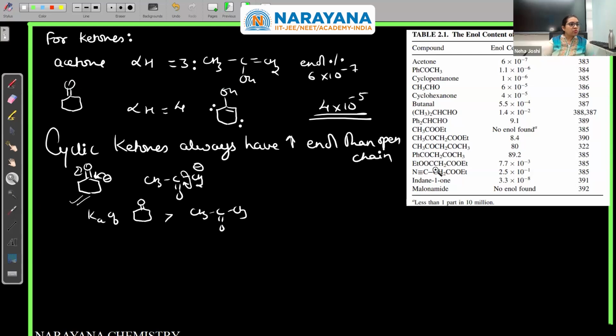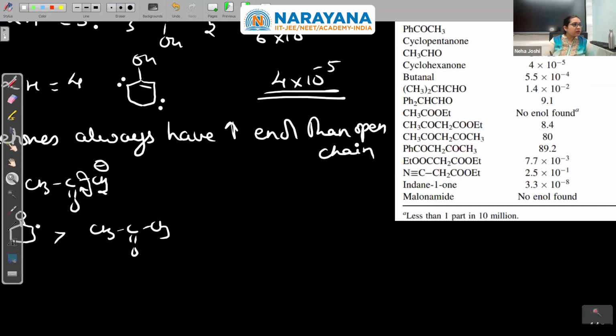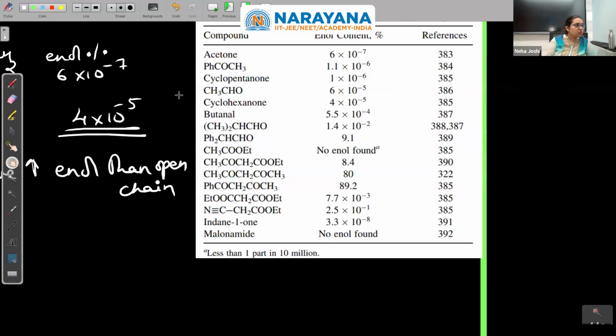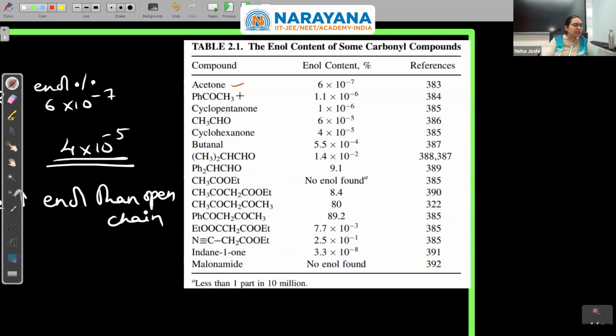Now come to further. This is an important conclusion. So acetone has enol weaker or lesser. Acetone, cyclopentanone has 1 into 10 to the minus 6. Cyclohexanone has minus 5. See, less because of strain in the ring. Butanal, minus 4, better than all ketones. Aldehyde, we are moving, improving. But see, normal ester, no enol found.